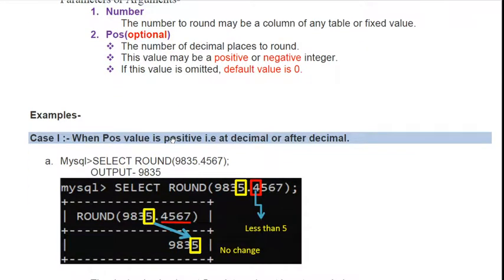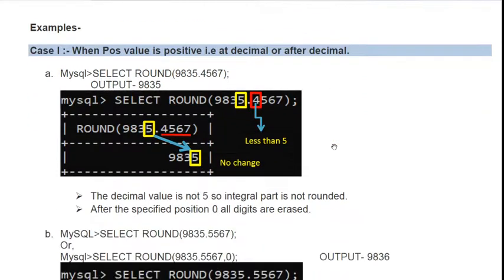Now example. So we will consider these two cases, the positive and the negative. First of all, case 1, when the position value is positive, that is at decimal or after decimal. First example, select round of this value. So the second parameter is not given, that is optional, and see how it displays 9835. If the second parameter is not given, it means position is 0.